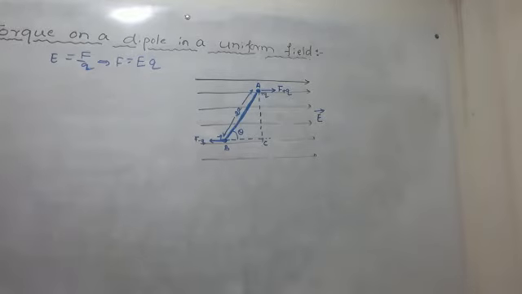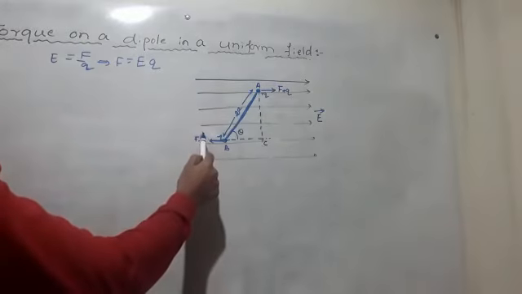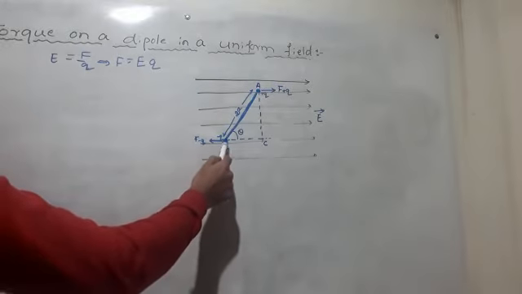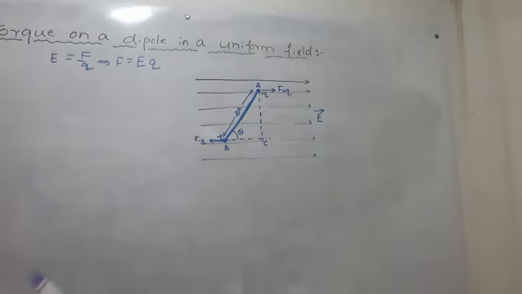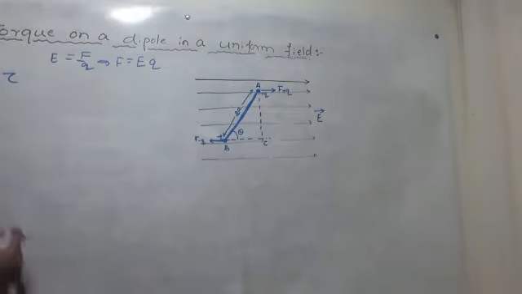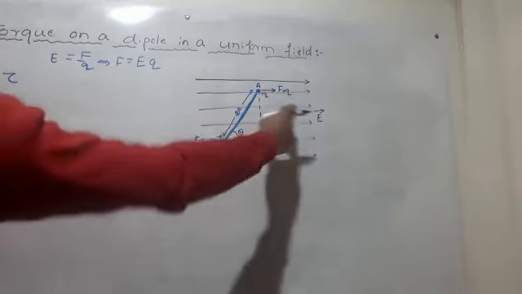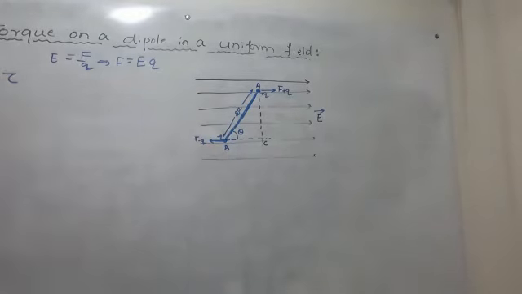That means two equal forces acting on the same dipole in opposite directions must give a couple, which causes torque. That means when you place the dipole in this uniform electric field, it starts to rotate due to the torque. Now the question is, what is the value of the torque? The magnitude of the torque.